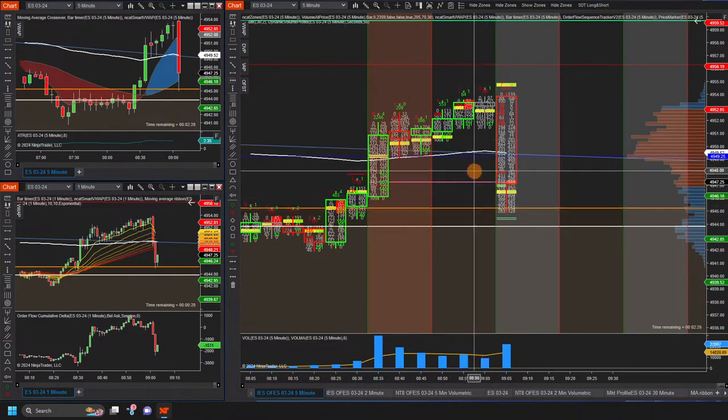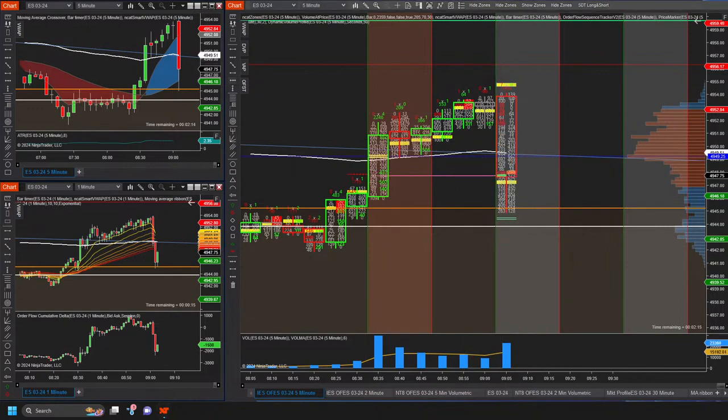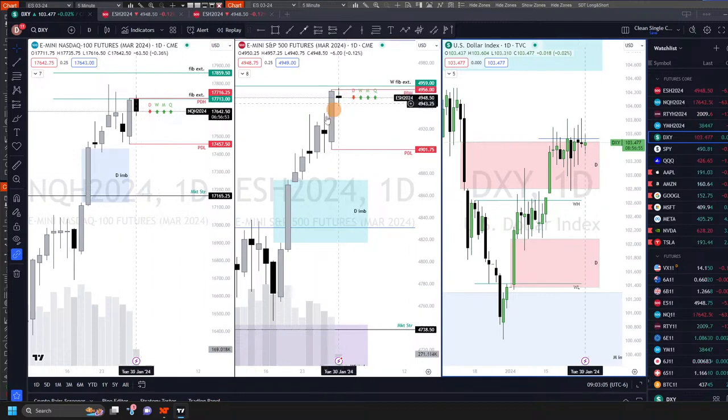So this is why I don't predict news. Two good reports that were good to strengthen the dollar, and the markets go the opposite direction. Dollar started to surge a little bit on the daily as the S&P bounced a little bit, or down, I should say.